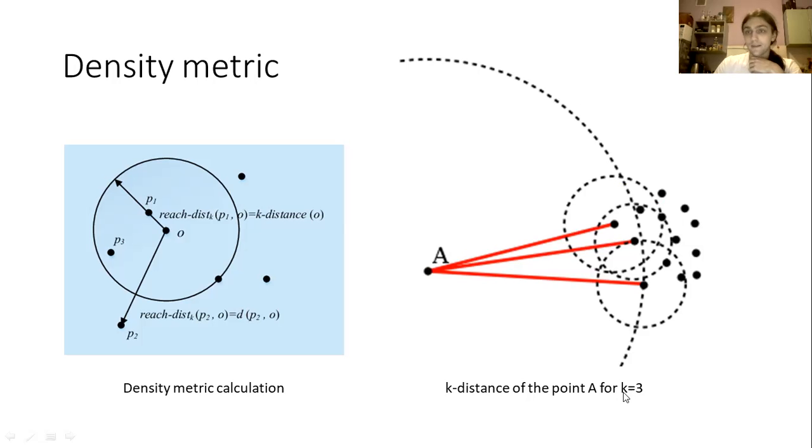For example, k is equal to 3. It means some neighborhood area of point O in which we have only three other points, 1, 2, and 3.